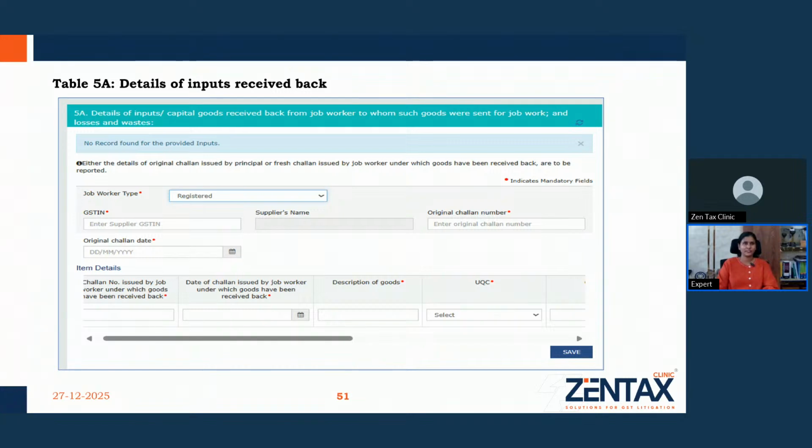Here we need to select whether the person is a registered person or unregistered person. Then we need to mention the challan number issued by job worker under which goods have been received back. Then the date of challan issued by the job worker while sending back the goods has to be mentioned. Then the description of goods and the quantity has to be mentioned.